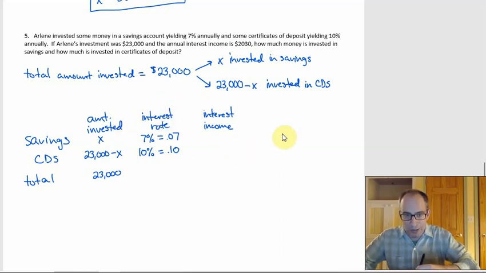So for the interest income for savings, you'd have 0.07x. Then for CDs, you'd have 0.1. I guess I might as well just write it as 0.1. That 0 at the end doesn't help us. Times 23,000 minus x. And then for the total, that's the 2030.